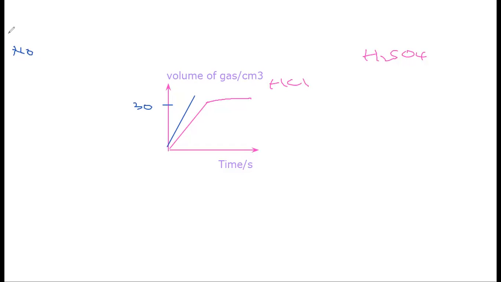So now when we are using sulfuric acid, the number of mole of H2SO4 equals how much? It is still the same, 0.00125, agree?